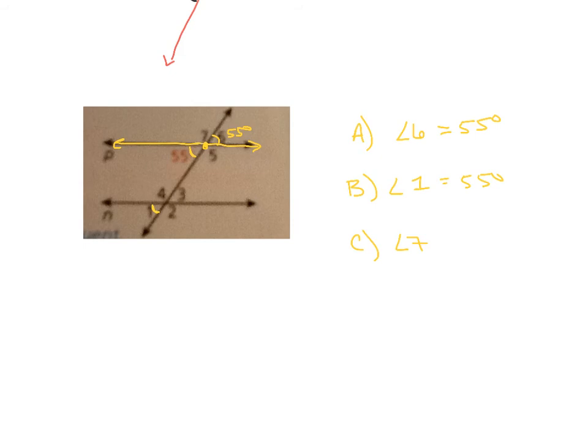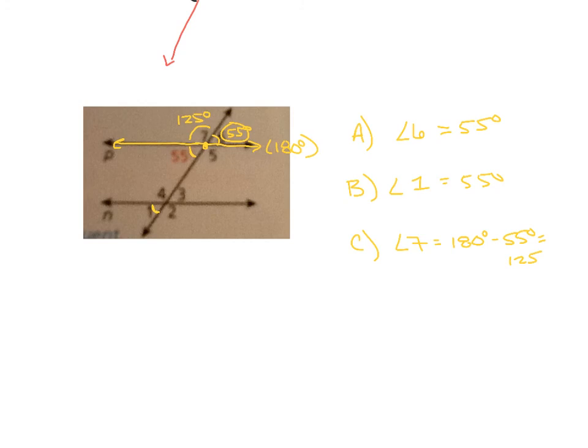So that creates a straight line, which means a straight line has 180 degrees, and this simply tells me that I've used 55 of the 180 degrees. So if I've used 55 of the 180 degrees, I can subtract that and get 125. So angle 7 has to be 125 degrees in order to make this straight line actually have 180 degrees.